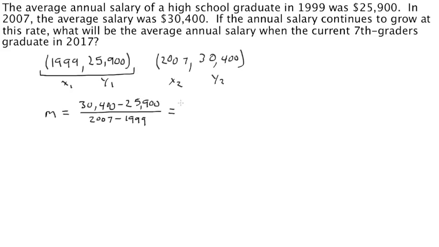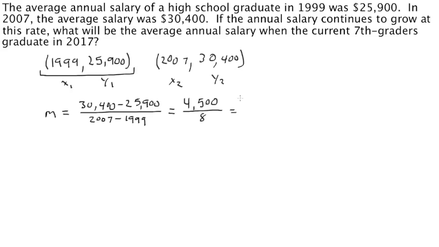I think this is going to be 4,500 up top. Yeah, that's right. And then down below, 2007 minus 1999, that's going to be 8 years.